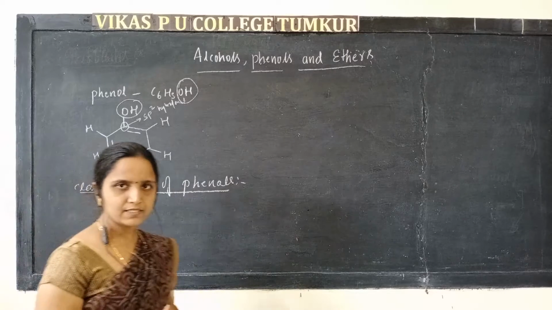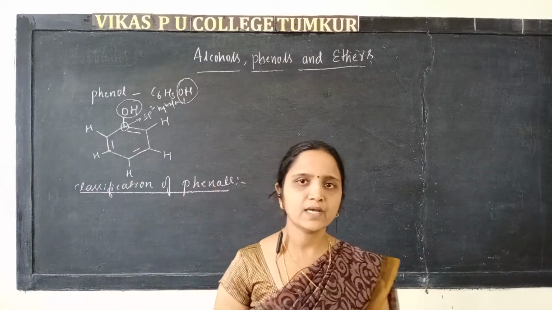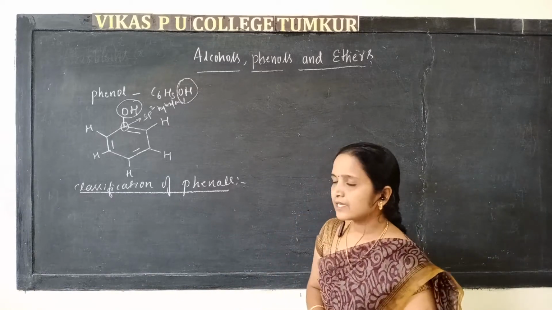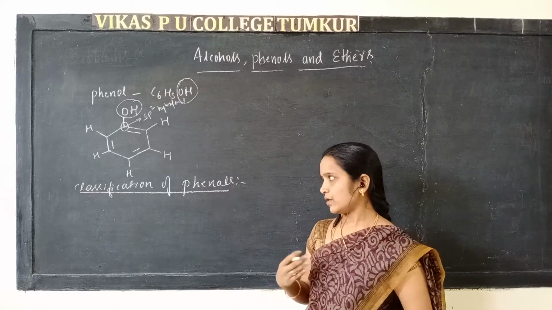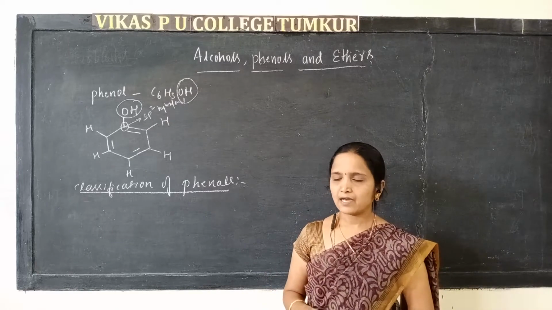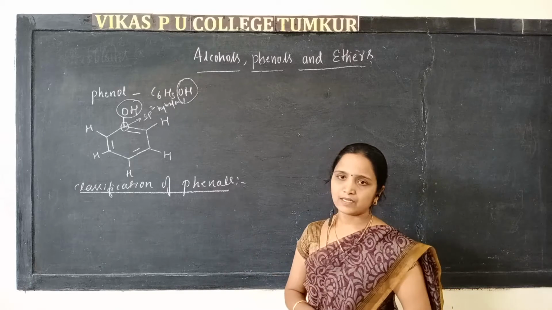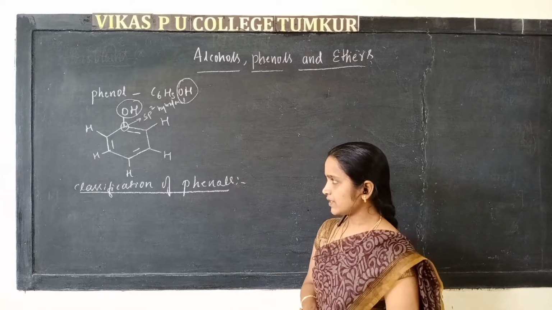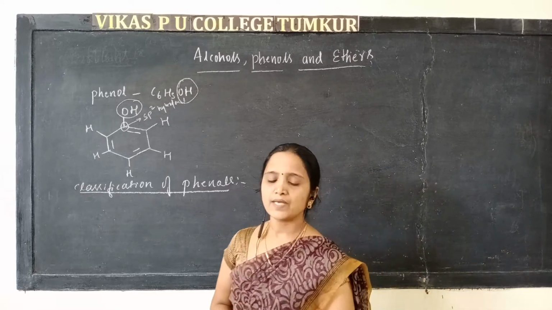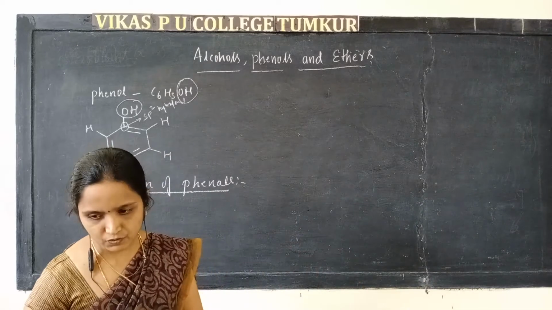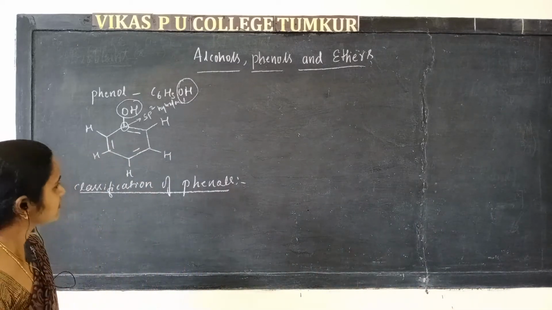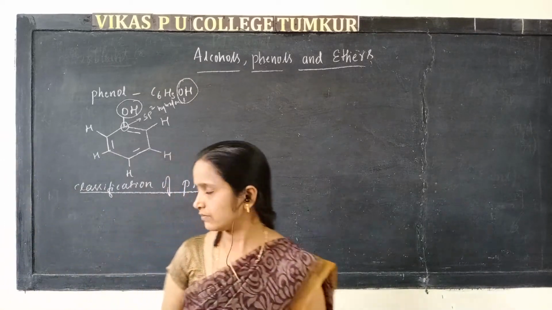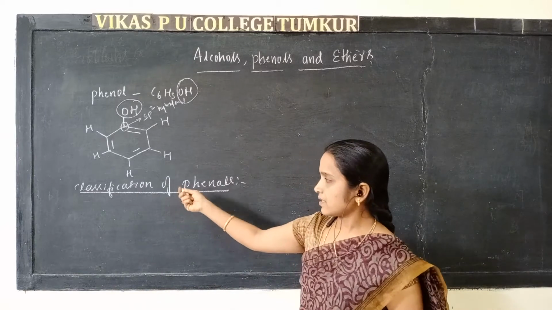Phenols can be classified based on the number of OH groups attached to the aromatic ring, that is, mono, di, or tri hydric phenols. Based on the number of OH groups attached to the benzene ring, we classify the phenols.